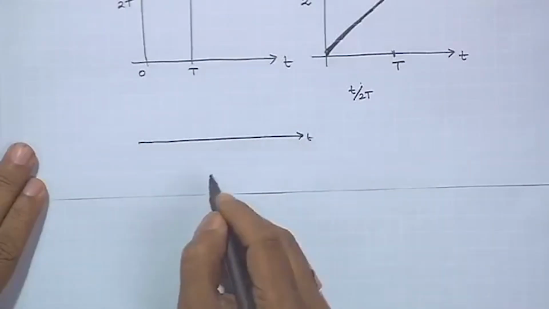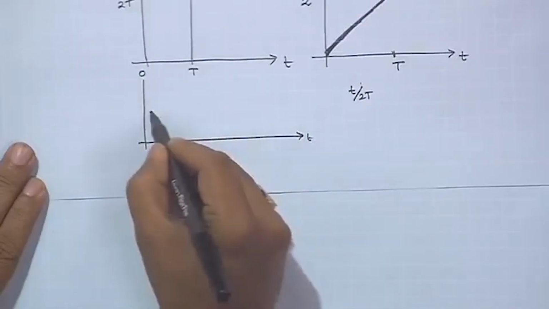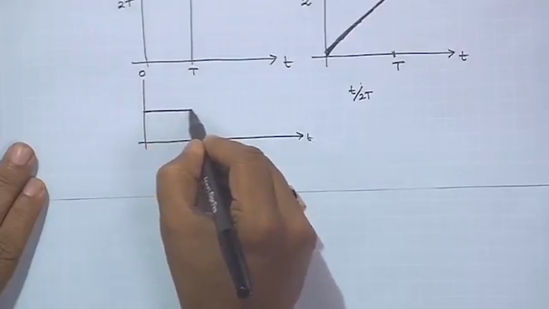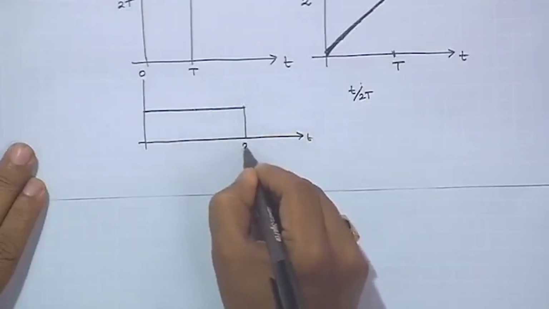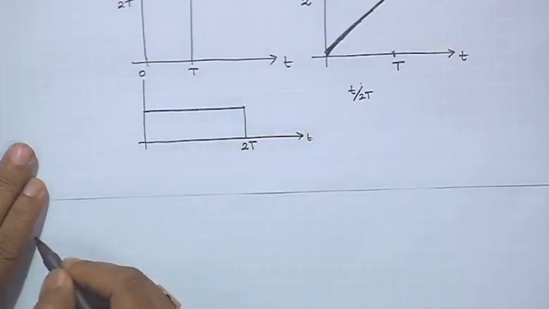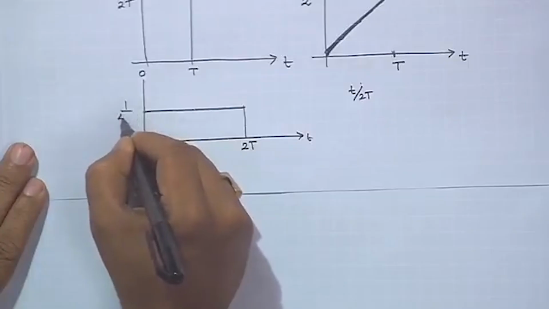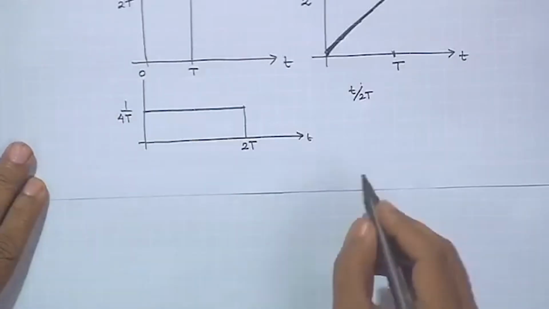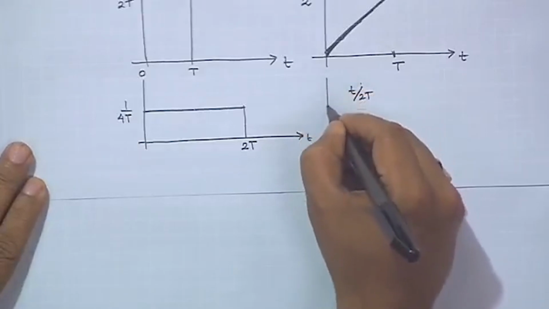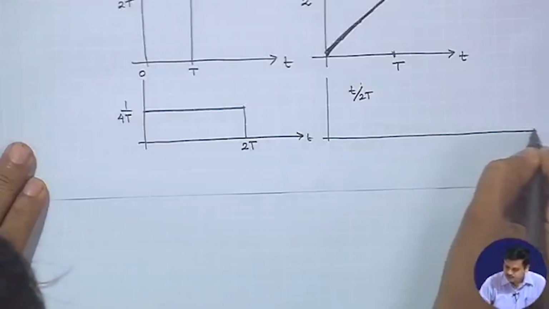let this be T, and you have, till 2T, a rectangular pulse, and the amplitude is 1 upon 4T. In this case, naturally you would extend the results that we have obtained earlier.